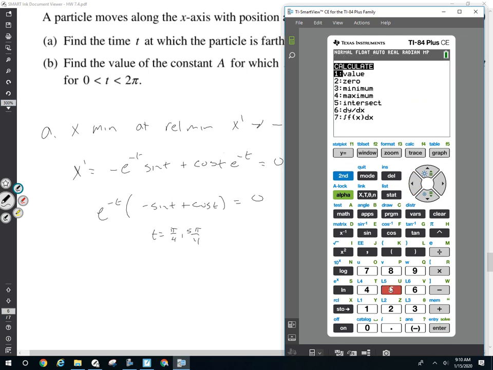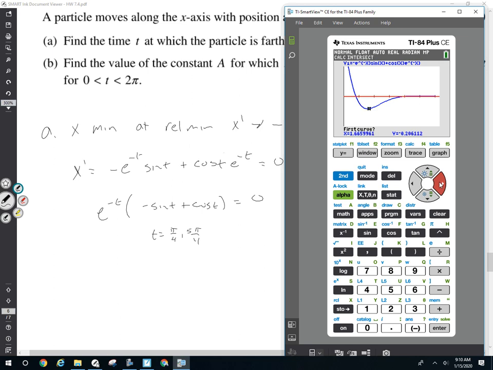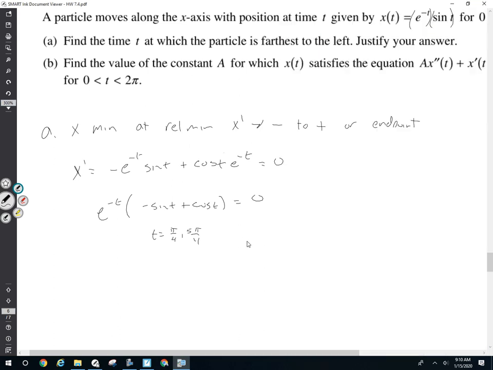Second calc, intersect. 3.926, 5 pi over 4. Okay, so a little bit more difficult than I thought. That's okay. The x prime values are 0, pi over 4, and 5 pi over 4.